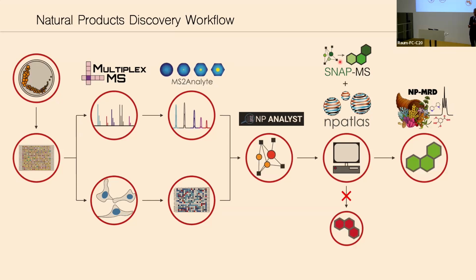So it aims to essentially use the information that's in the Atlas database for inferring chemotypes and structural diversity in large data sets. And then the NPMRD is a collaborative project with other colleagues in the US aiming to build a database of NMR data, so nuclear magnetic resonance data for natural products.